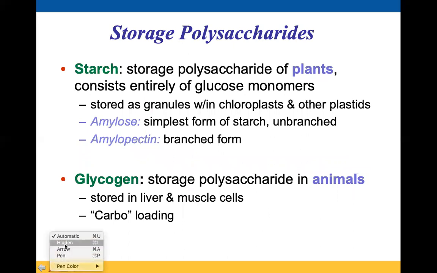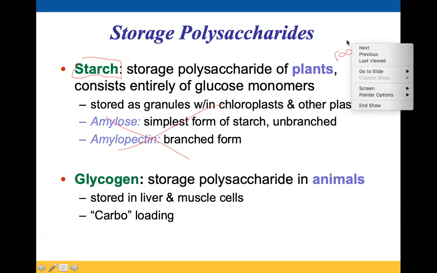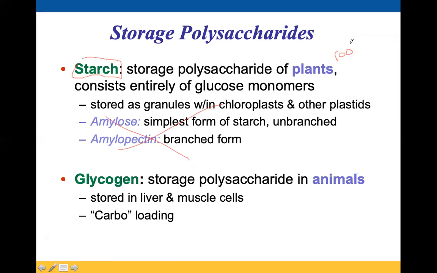You're not going to have to know the difference between these two, amylose versus amylopectin, but you do need to know plants can store their carbohydrates as starch. Typically, they're going to be found in the roots for sure. So when you think of where this gets stored, it's going to be in the roots. So, sorry, it's just on the trackpad.